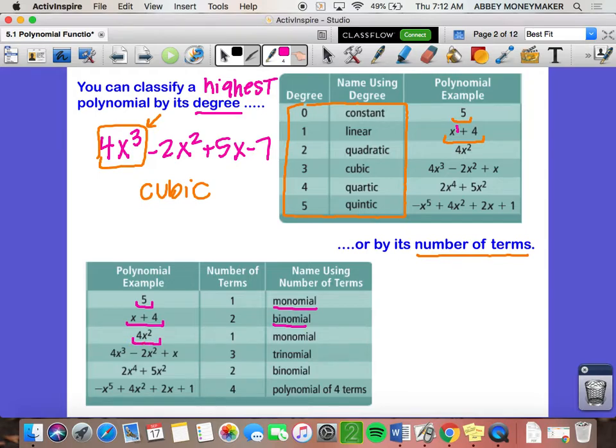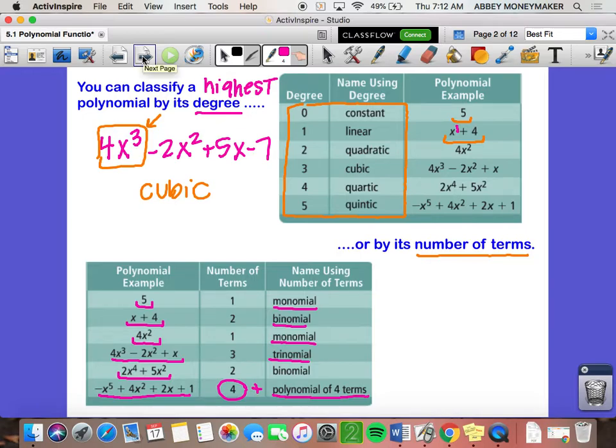Again, this is a quadratic, but it only has one term, so it's still a monomial. 3 terms would be a trinomial. But this is really important down here at the bottom. If you have 4 or more terms, you would just say that's a polynomial of however many terms you have.